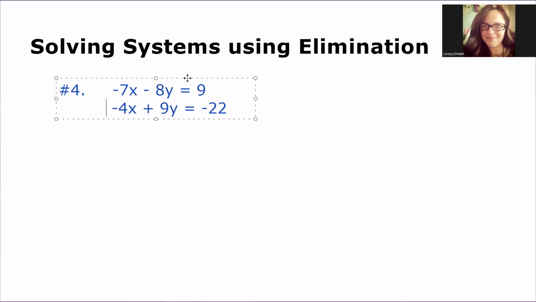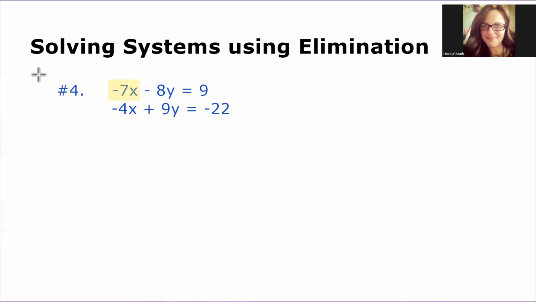There's a couple different ways you could solve this. I notice that if I multiply the top equation by 4 and the second equation by 7, I will end up being able to eliminate the variable x.